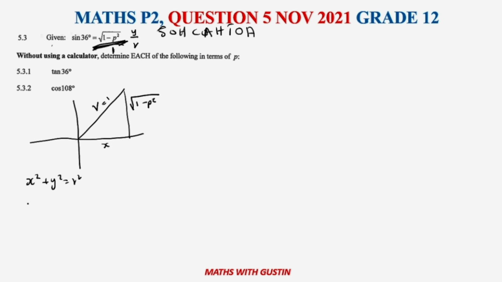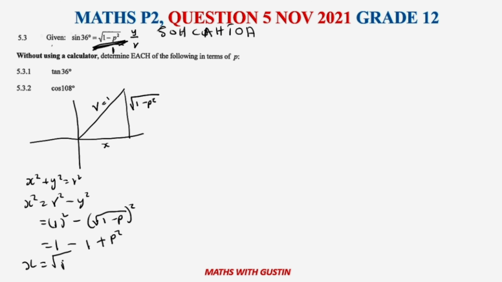So x squared is r squared minus y squared. Our r is 1 squared, and our y is the square root of 1 minus p squared, all squared. When you remove the bracket it becomes plus p squared, and then 1 and 1 cancel out, therefore the square root of p squared makes x equal to p. Am I right? Great stuff. Correct.